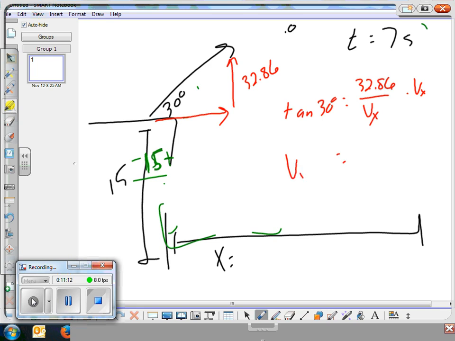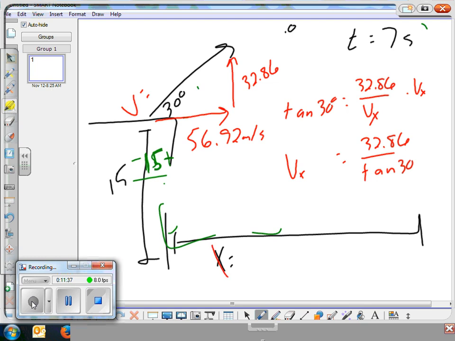So the velocity in the x direction then is 32.86 divided by the tangent of 30. Our velocity in the x direction is 56.92 meters per second. So now we can figure out our velocity here now, right? Because a squared plus b squared equals c squared. I'm not going to show that math.